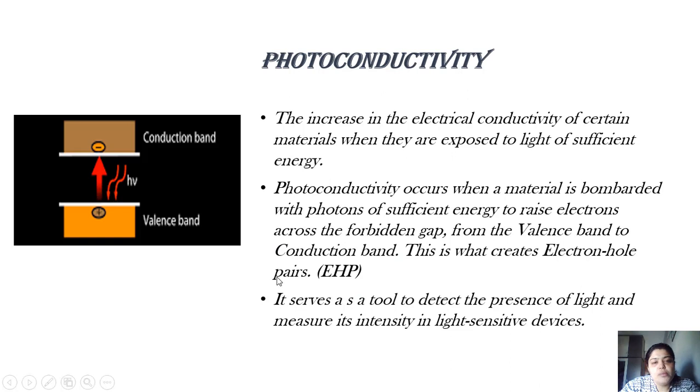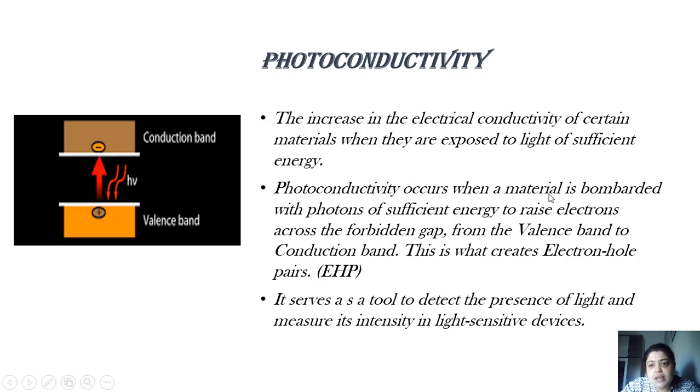Now let me brief you about some terms which are related to the topic optoelectronic devices. The first of them is photoconductivity. Photo here stands for photon or light. In general, I can say increase in conductivity when light is absorbed. The increase in electrical conductivity of certain materials when they are exposed to light of sufficient energy is photoconductivity.